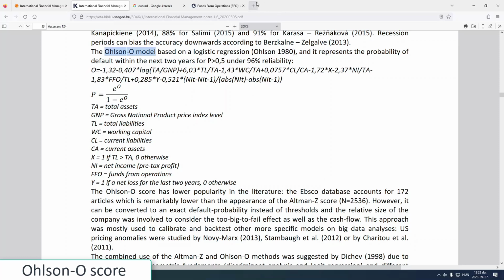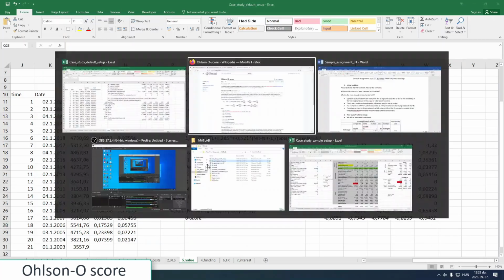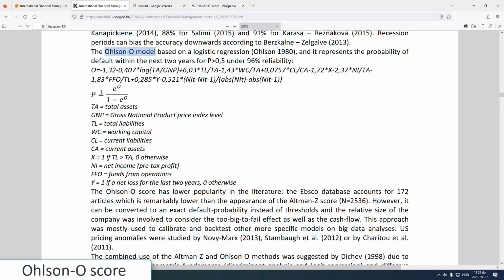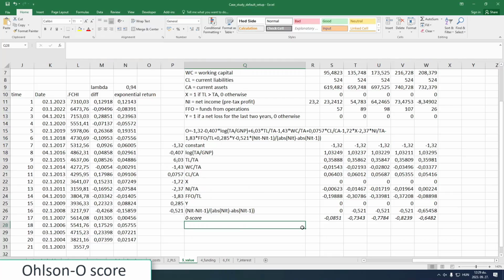Let's check it, because yes, exp of the O-score is divided by 1 plus. Yes, so this is a plus. Okay. Because otherwise we will have really strange values.